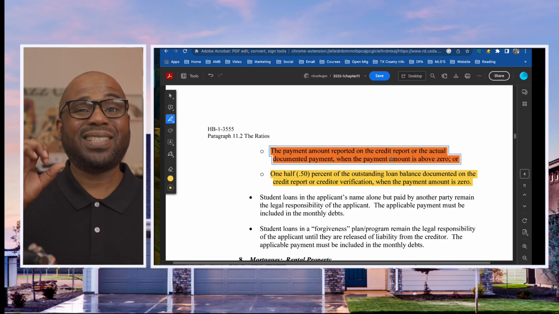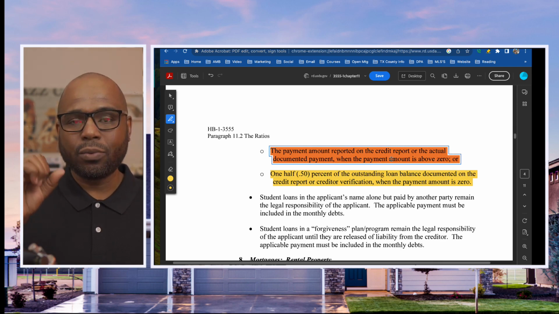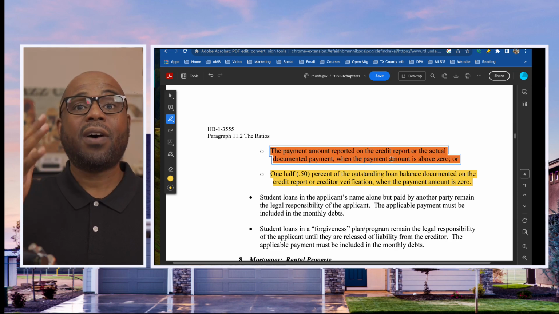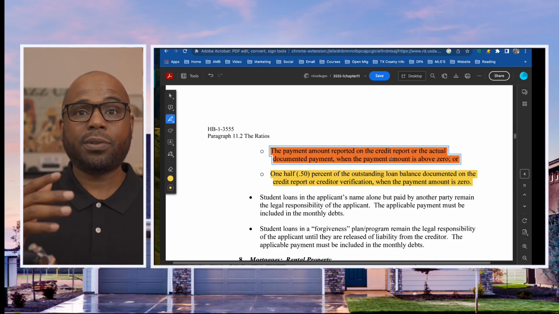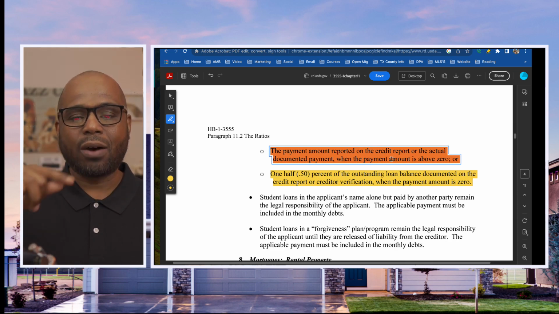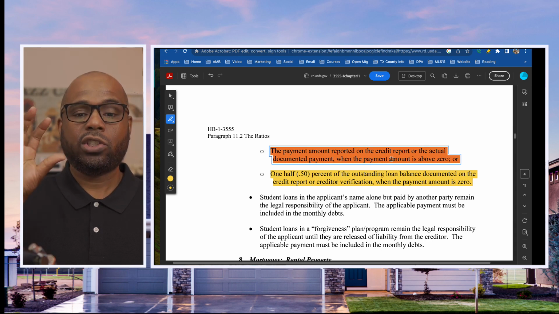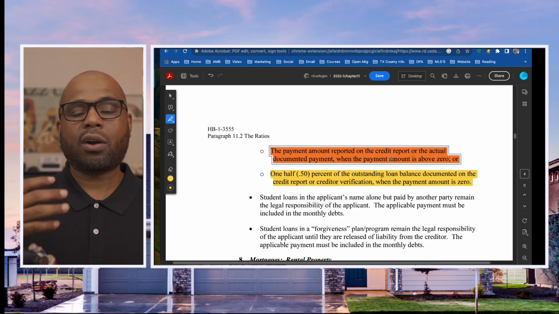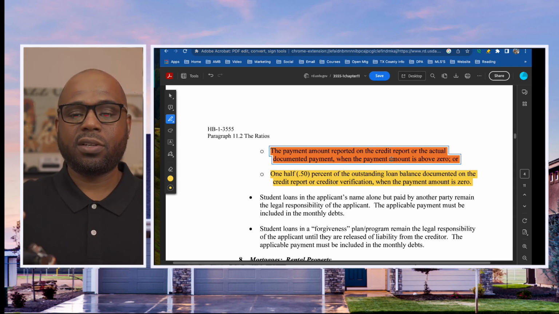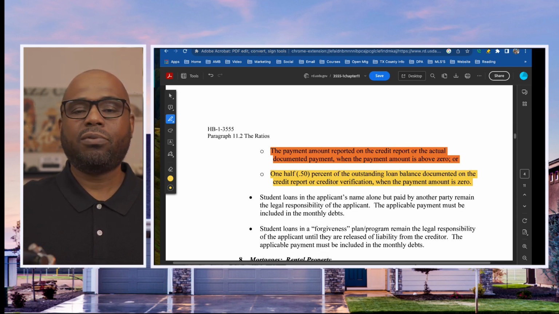Or if it's zero, then we could take 0.5% of the outstanding loan balances documented on the credit report or a creditor verification when the payment amount is zero. All right, same trend, right?